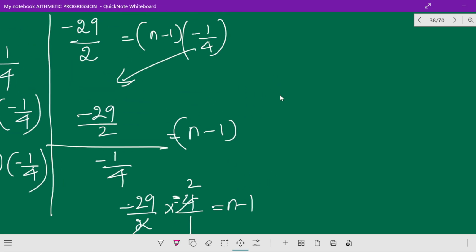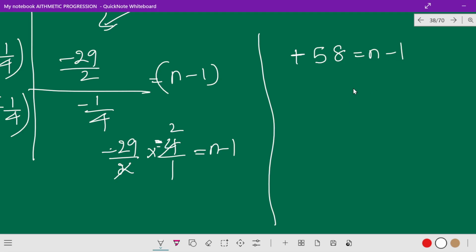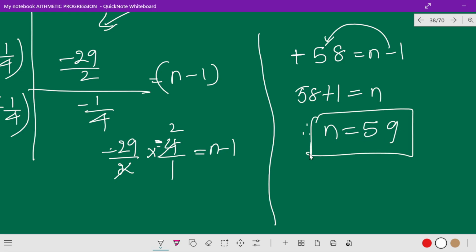So we get 29 times 2, 58, is equal to n minus 1. So minus 1 will come this side: 58 plus 1 is equal to n. Therefore, n is equal to 59. So the value of n is equal to 59.